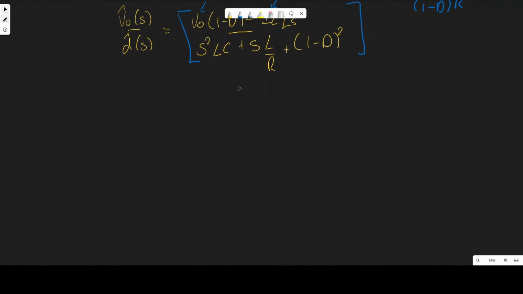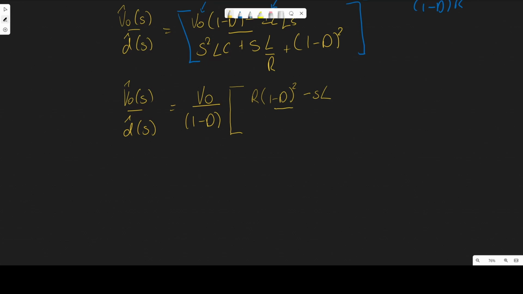After substitution, the transfer function can be written in its final form as V out over D is equal to V out (1 minus D) multiplied by R (1 minus D) squared minus sL, over s squared RLC plus sL plus R (1 minus D) squared.